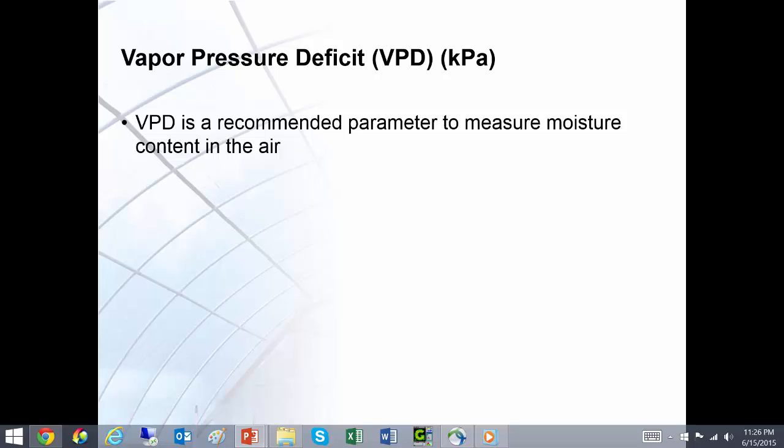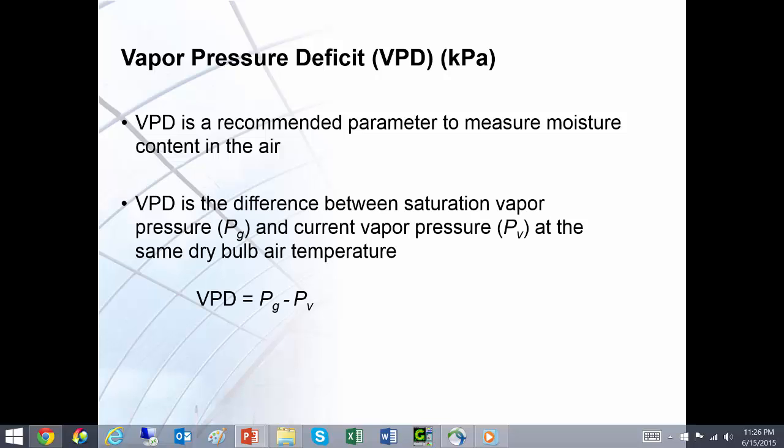The vapor pressure deficit is recommended over other forms of defining moisture content in the air, because vapor pressure deficit directly determines the capacity of air to hold more moisture at a given temperature.